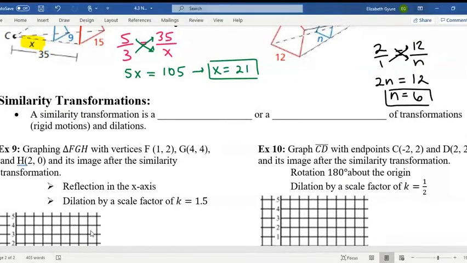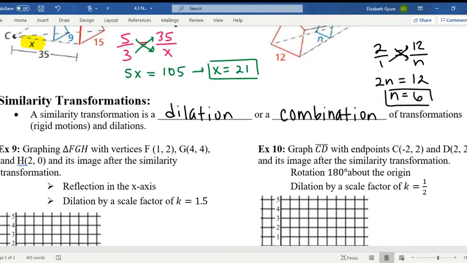Similarity transformations. A similarity transformation is a dilation or a combination of transformations and dilations. Now, similarity is a word we'll talk about a lot in this class.